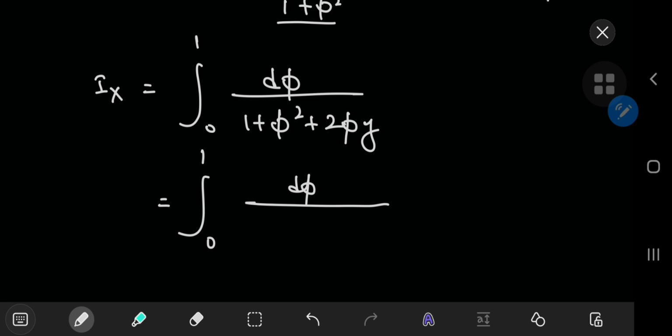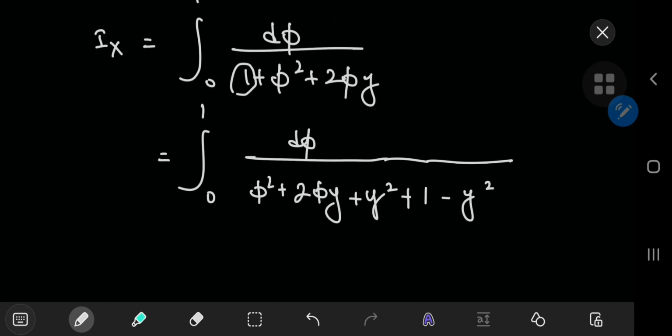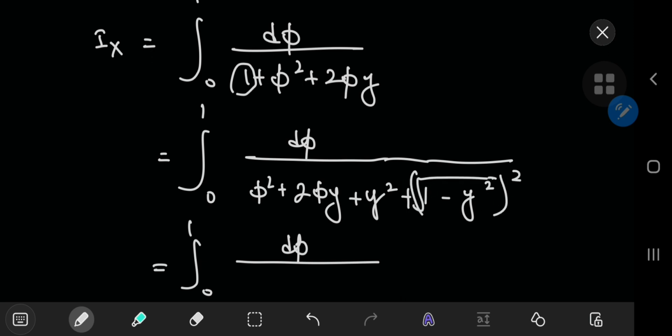It gets even better once you perform a completing the square process in the denominator. So in case you do that, you do notice that we have 1 plus phi squared plus 2 times phi times y. So all I need now is a plus y squared. But we still have this 1 here. And of course, I'm going to have to subtract the y squared as well. And just for making our life easier, we're going to consider this to be the square root of 1 minus y squared, squared.